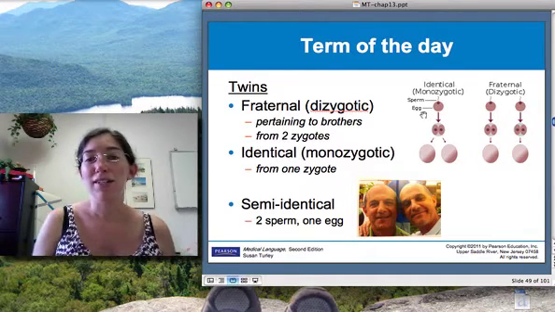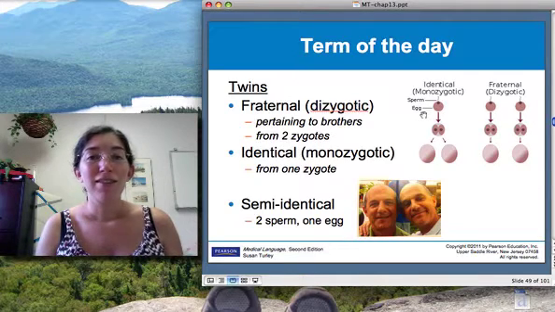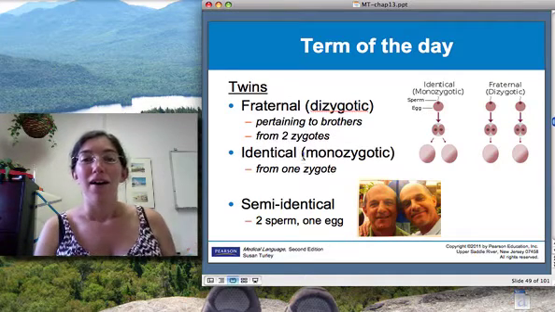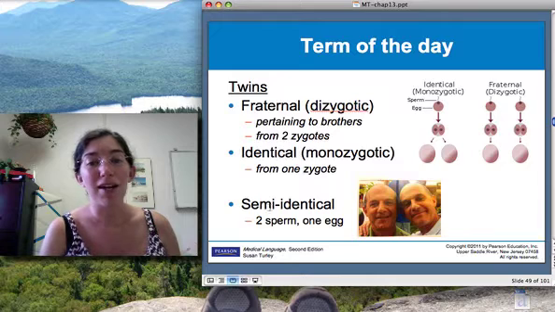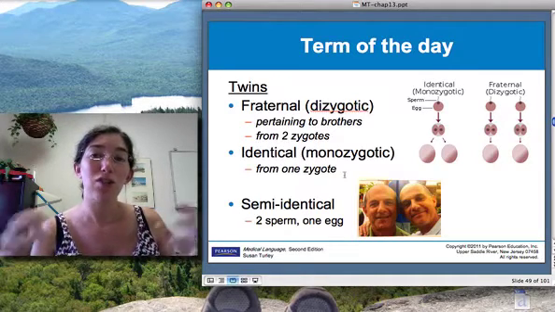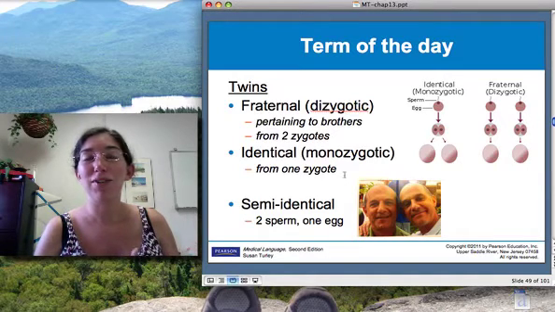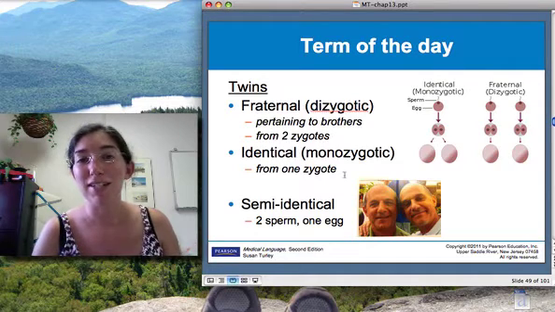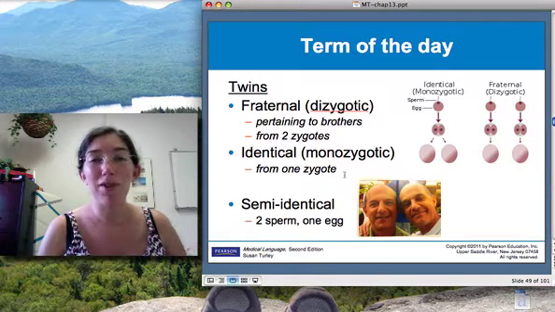Now, recently, with the advent of genetics and technology and bioinformatics, there are very rare cases of semi-identical twins where there was one egg and there were two sperm. The process of fertilization is very heavily regulated, and one egg technically cannot be fertilized by more than one sperm.